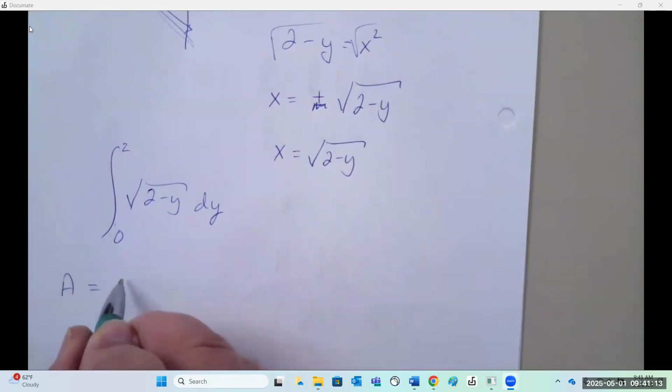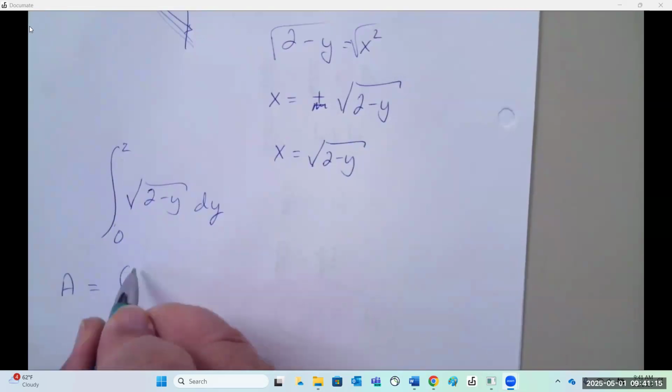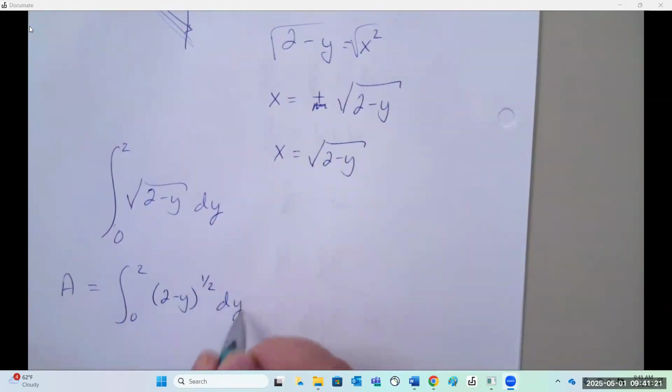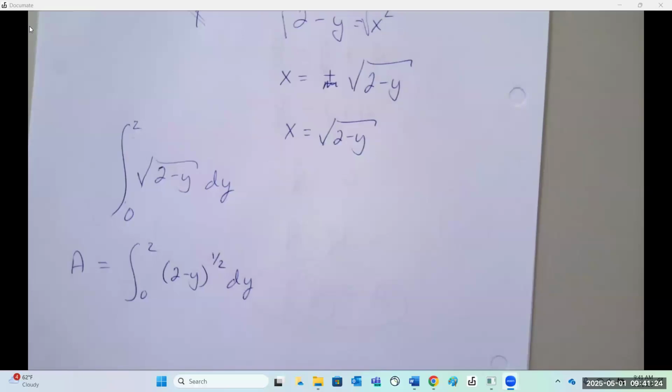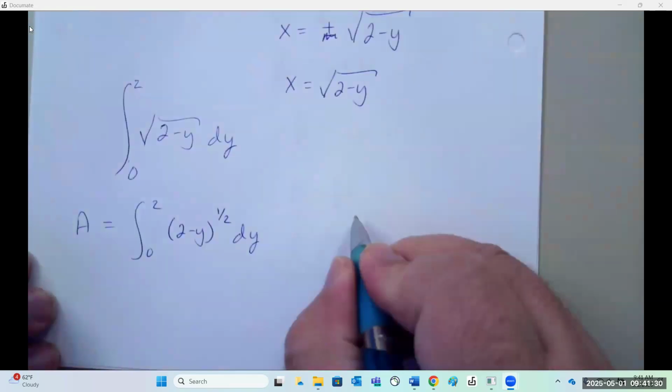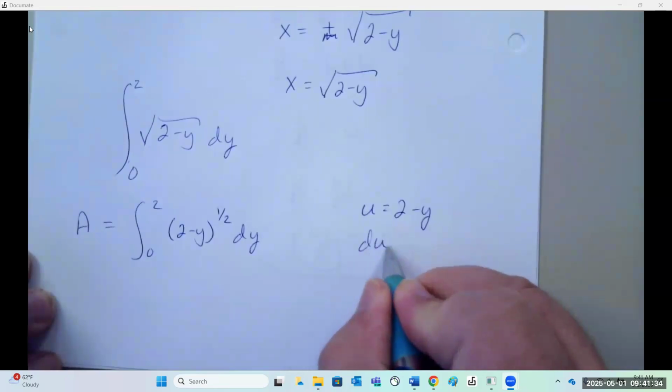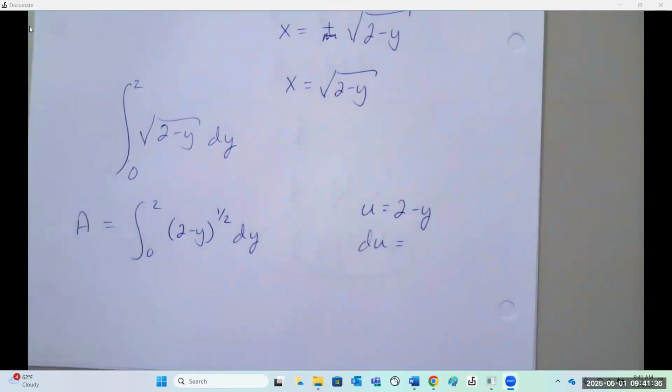So my area is 2 minus y to the power 1/2. We can use substitution here. What is du? Or, yeah, what is du?